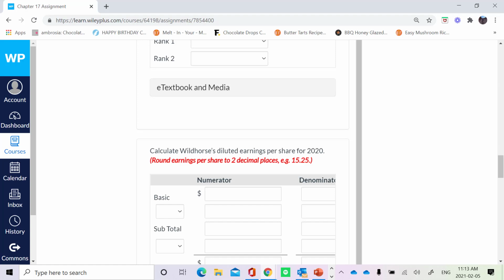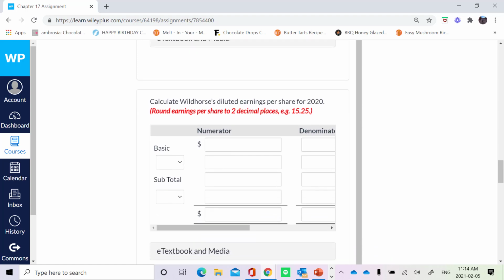We're going to start with the basic, then we're going to add the dilutive securities in order of most dilutive to least dilutive. Because again, what we're trying to get here is the lowest possible earnings per share. So I'm going to take the worst security, the one with the lowest EPS, and put it in. And then I'm going to look at the subtotal.